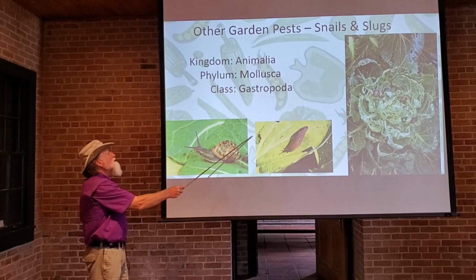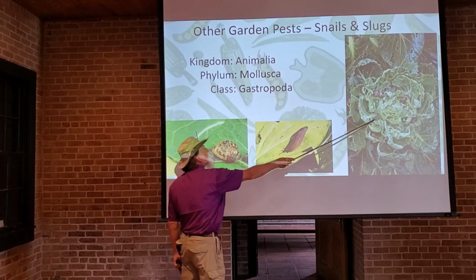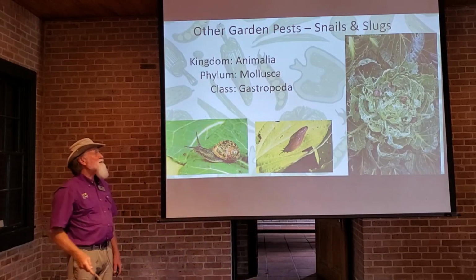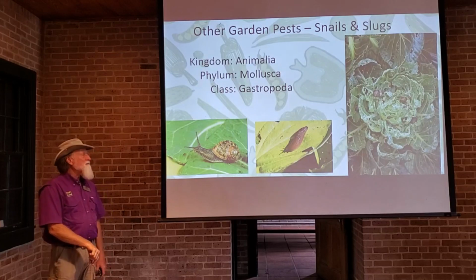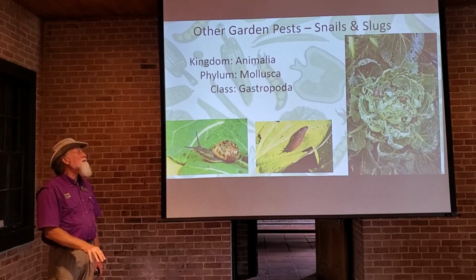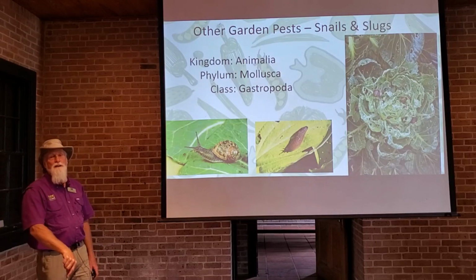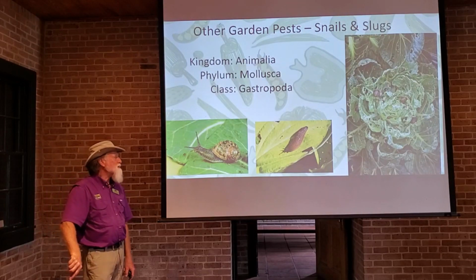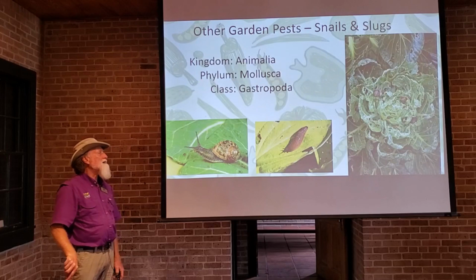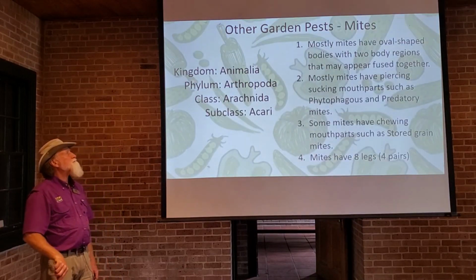So if you have holes in your leaves like this or like this, and you look closely, especially in the sunlight, and you see this glistening silvery trail that runs along the leaf and up to the holes, then most likely you have snails or slugs causing the damage and not caterpillars.